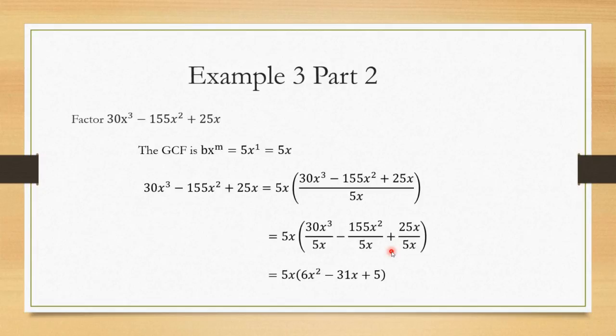Now we're going to factor this thing in parentheses, 6x squared minus 31x plus 5. And notice that's a lot easier, right? The numbers are smaller. Not to mention, it's now a trinomial that we can use the AC method on. Before, we had a trinomial, but the degree was 3. Here we have one of degree 2, so we can use the AC method.